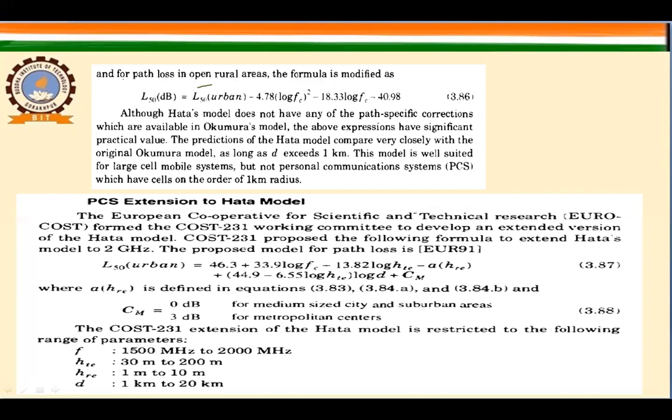Now let us move towards the PCS extension to the HATA model, which is given by the European Cooperative for Scientific and Technical Research, Eurocost, also known as COST 231. The committee worked to develop an extended version of the HATA model.